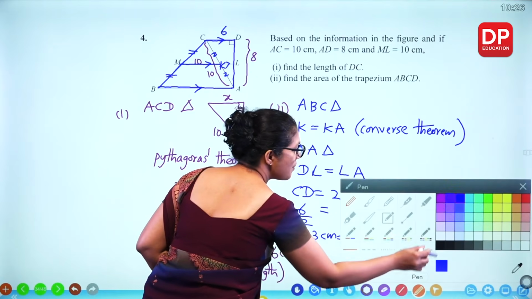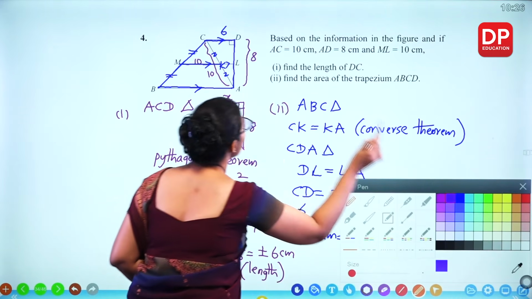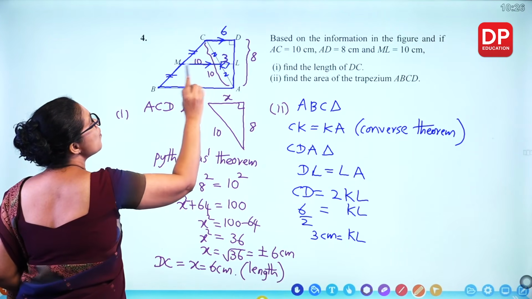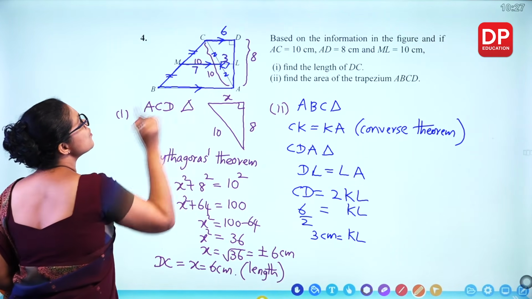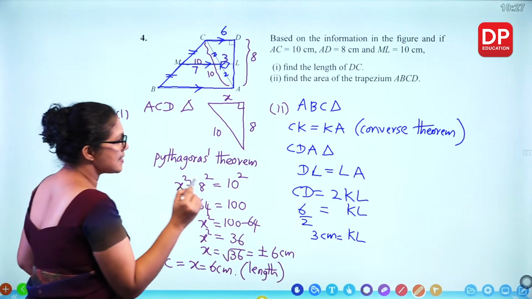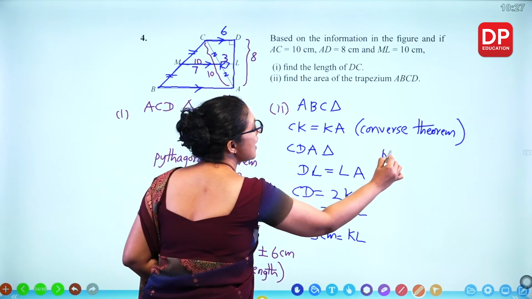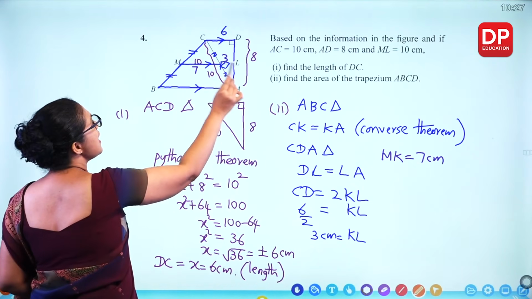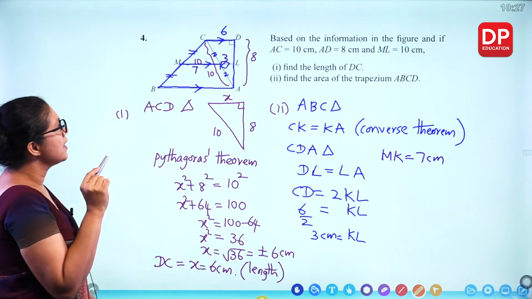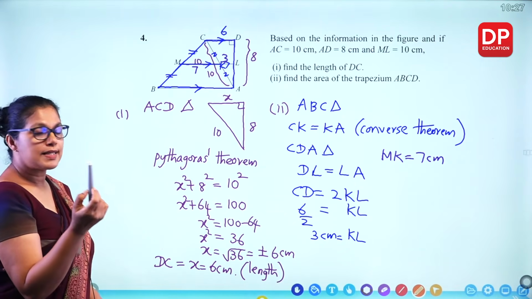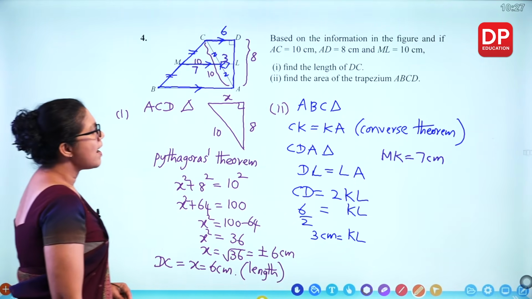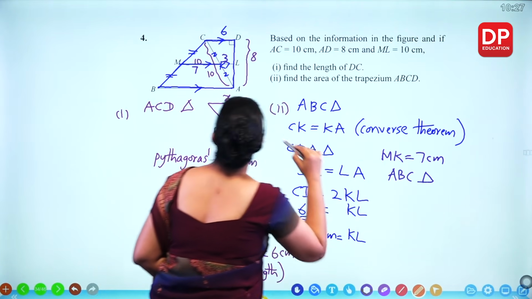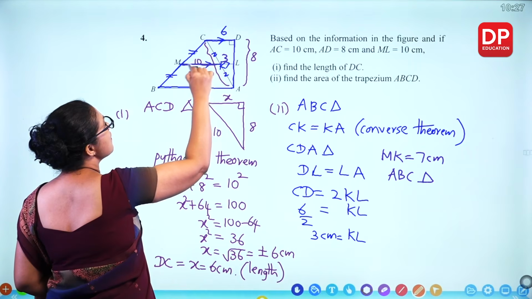So we found this is 3. If this is 3 and the whole thing is 10, what can you say about MK distance? MK is equal to 7 centimeters because 10 minus 3. Now again, take triangle ABC. When you take triangle ABC, we know this is 7.